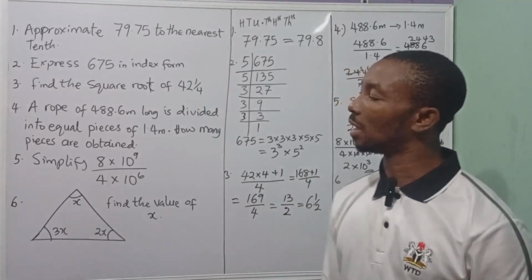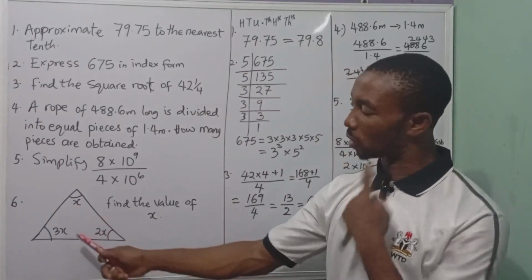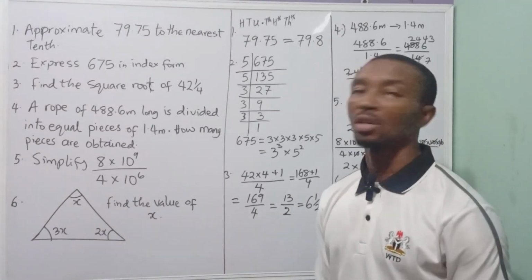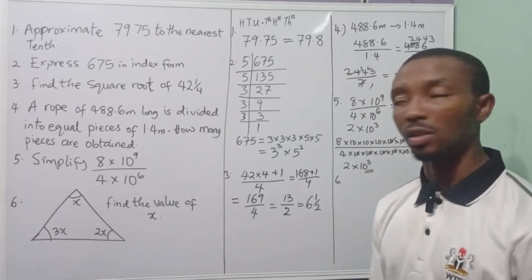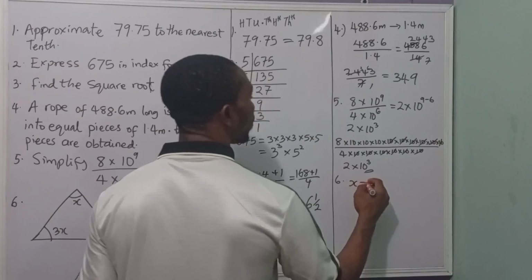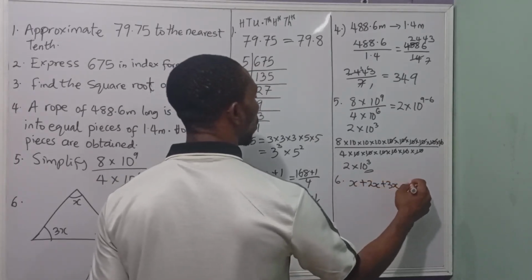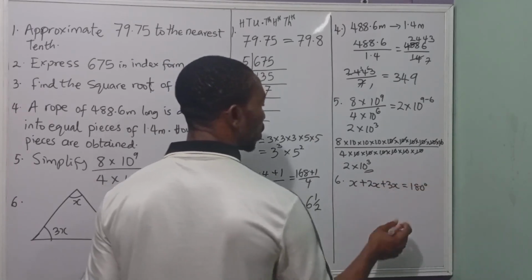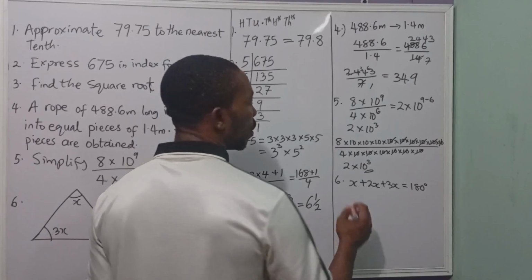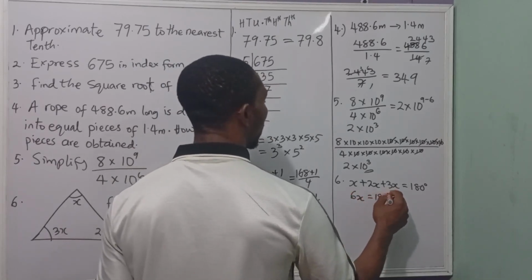So that means our x plus 3x plus 2x should sum up to 180 degrees. So we have x plus 2x plus 3x equals 180 degrees. Now, adding this up, this becomes 6x equals 180 degrees.